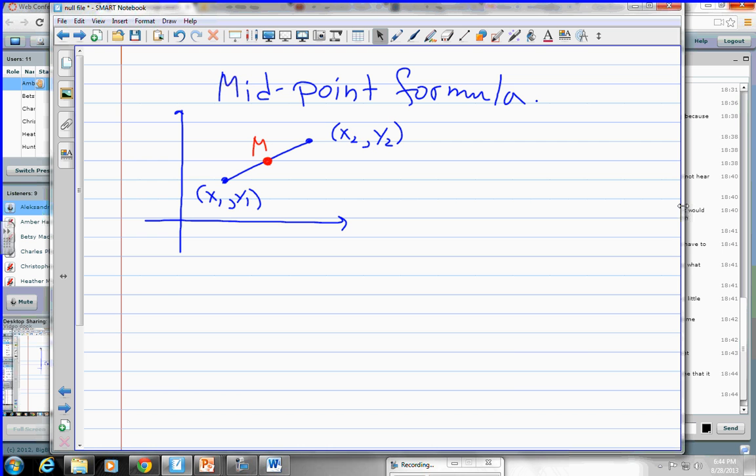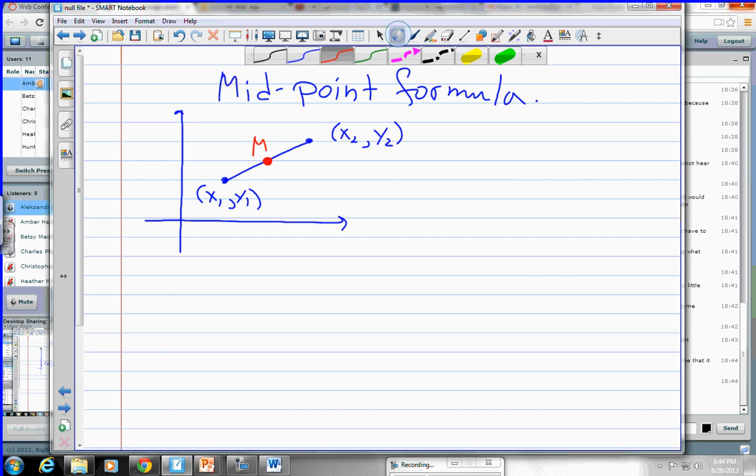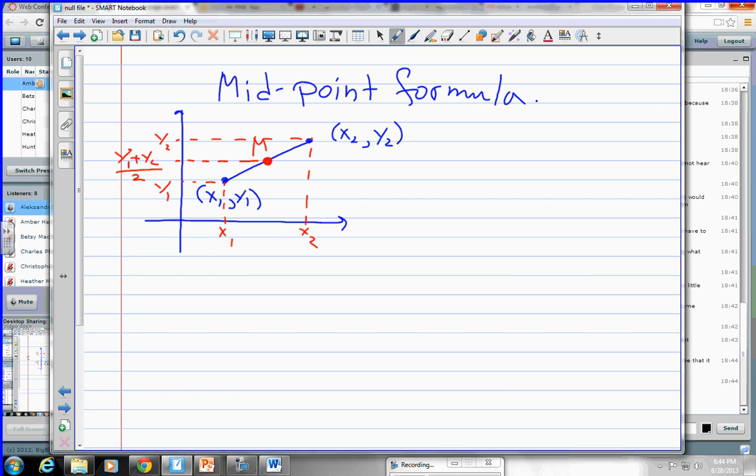So all we really have to do, this is the easy formula, in order to find it is to average our x values and average our y values, right? The y coordinate would be just the average of these two values. So you add them and you divide by 2. And the same thing with the x's.